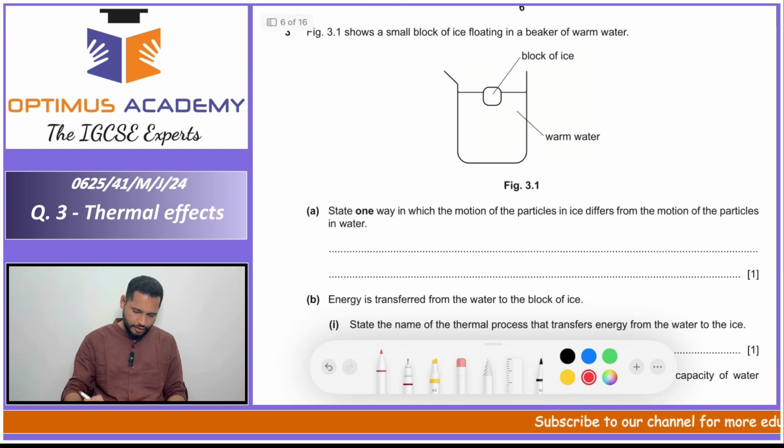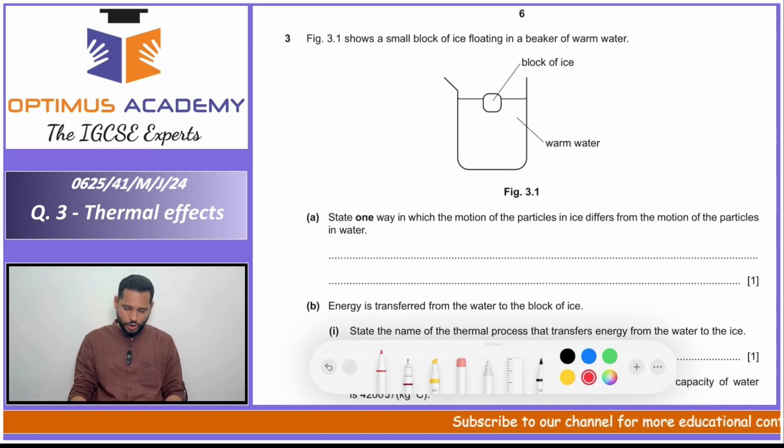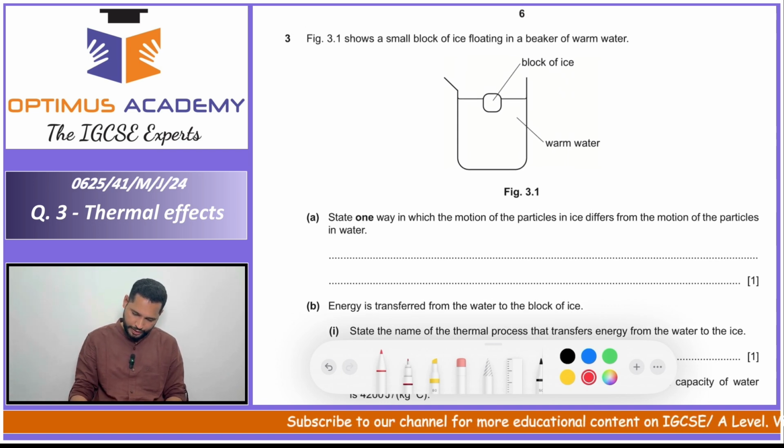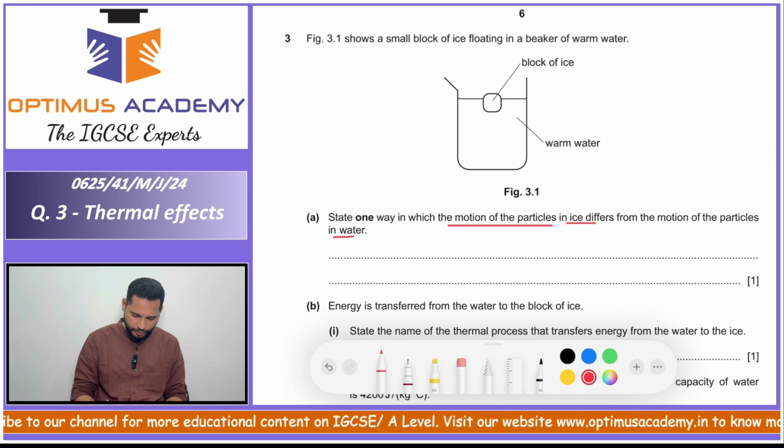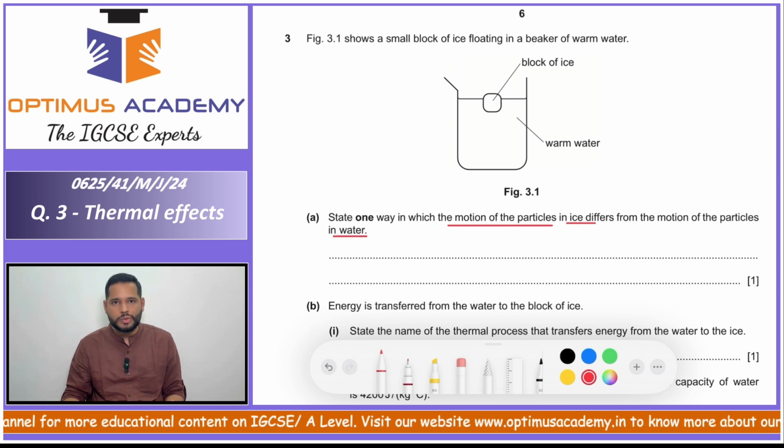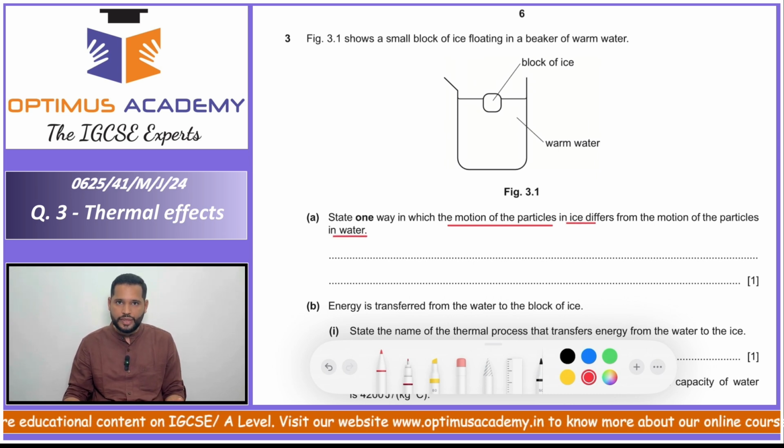We will go to the third question now. Question number 3, figure 3.1 shows a small block of ice floating in a beaker of warm water. State one way in which the motion of the particles in ice differs from the motion of the particles in water. So we know that here we are talking about two different states of matter. Ice is a solid state material and water is a liquid.